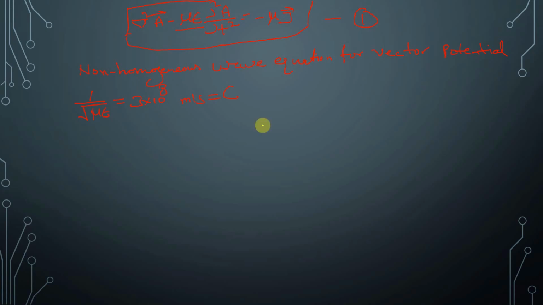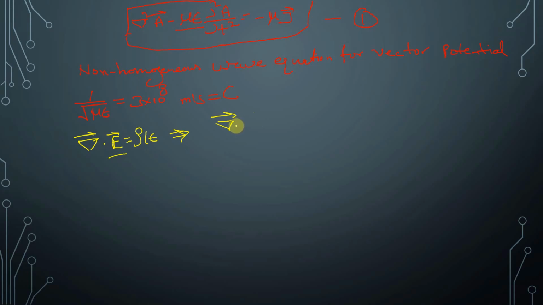Let us start with this. We know that del dot E is equal to rho by epsilon by Gauss law. And what is the value of E? We have already derived this value.